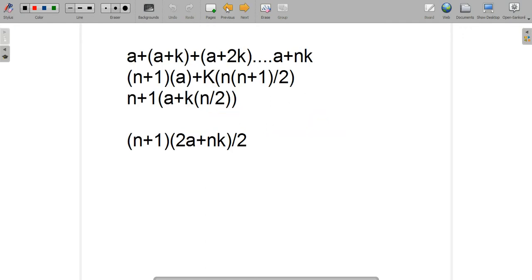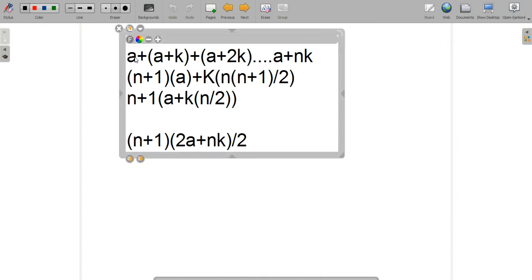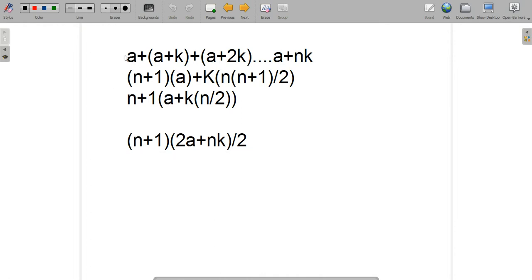So yeah, let's review this for a second. So basically, what we're doing, essentially, is adding the first term in an arithmetic series with the last term, okay? And after that, we want to multiply it times the number of terms, okay?